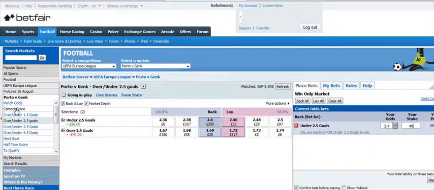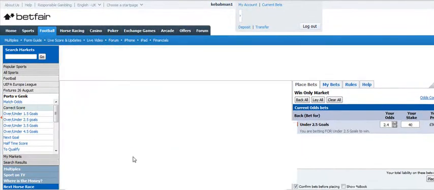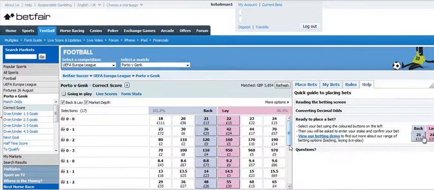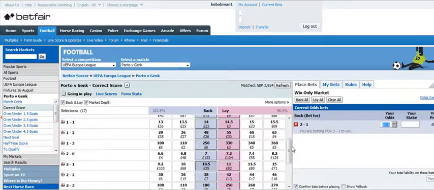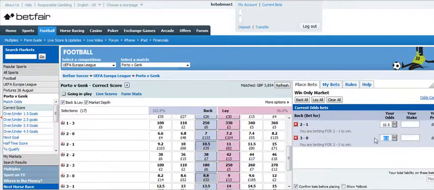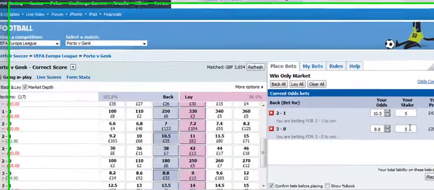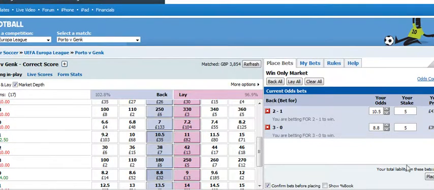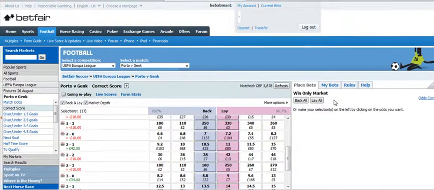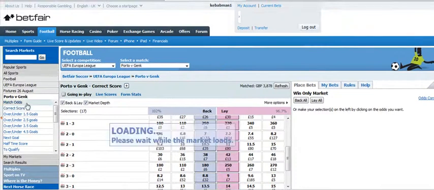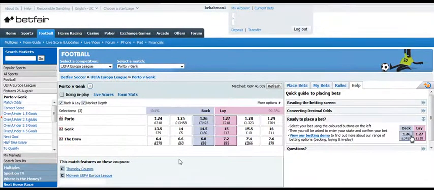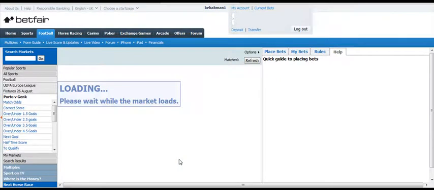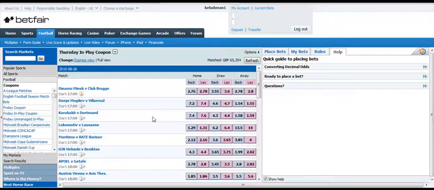Again, we got a little bit more green on the under 2.5, because you have to take into consideration the danger scores, which are the 3 goals, so the 2-1 and the 3-0. So again, I put some cover on there. It doesn't cover all of the liability, all of the loss, because as the game goes on, you then trade it as the game is progressing, as the goals are going in throughout the match.